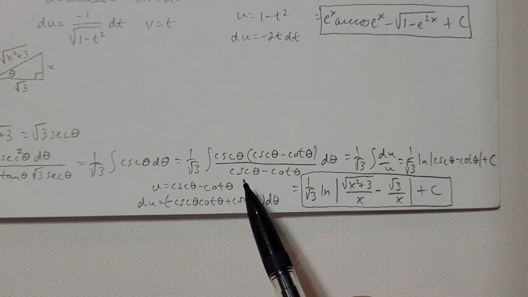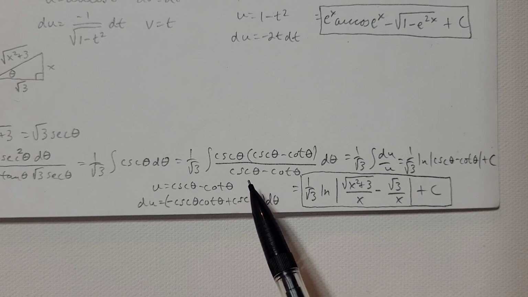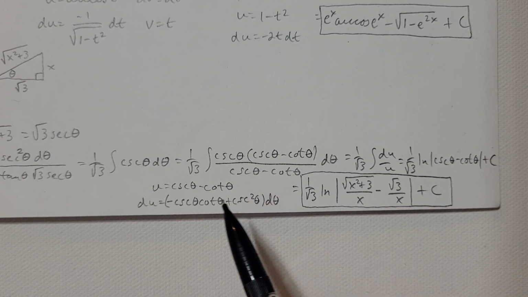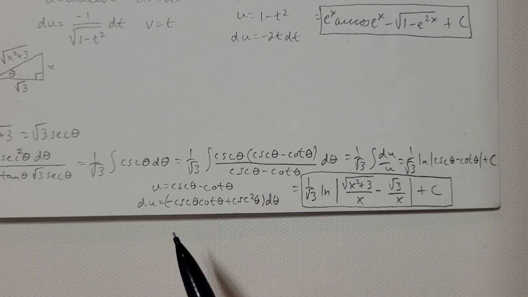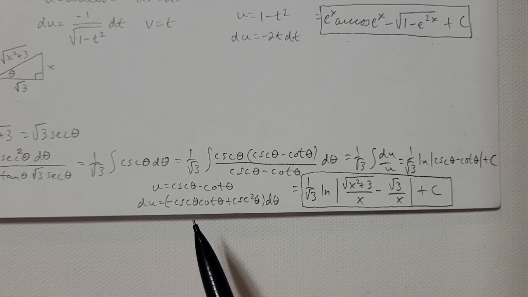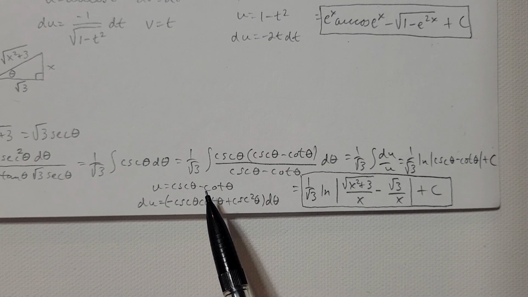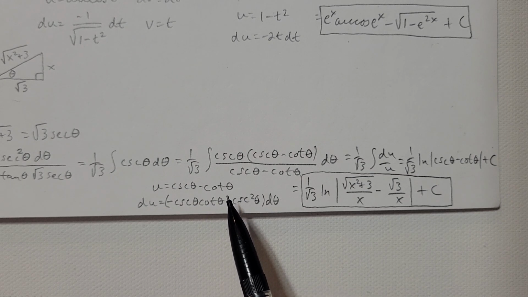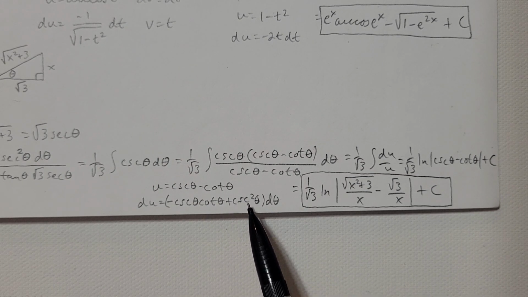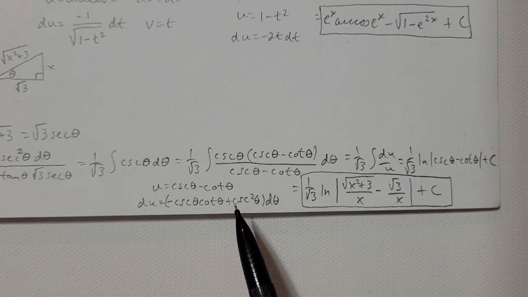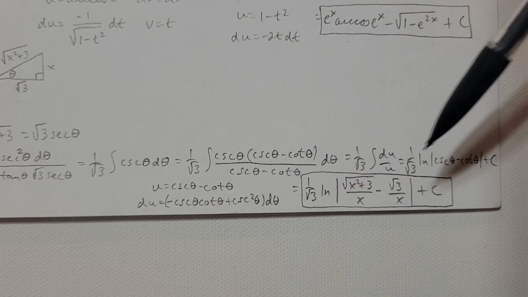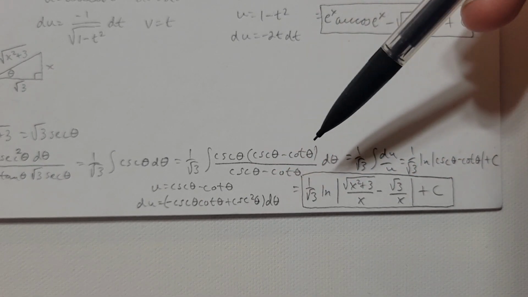So if I let u be the denominator, cosecant theta minus cotangent theta, du, the derivative of cosecant theta is negative cosecant theta cotangent theta, and then minus the derivative of cotangent theta, which is negative cosecant squared theta d theta. So minus and negative means plus. And that's exactly what I'd have in the numerator there.